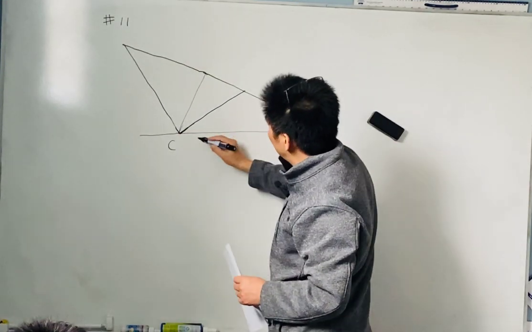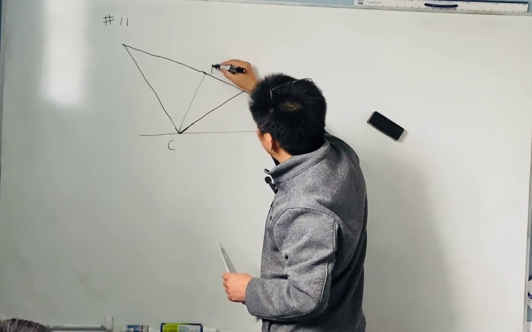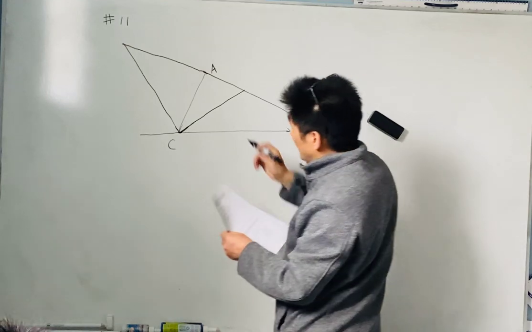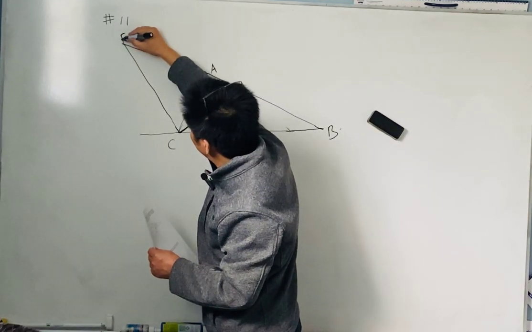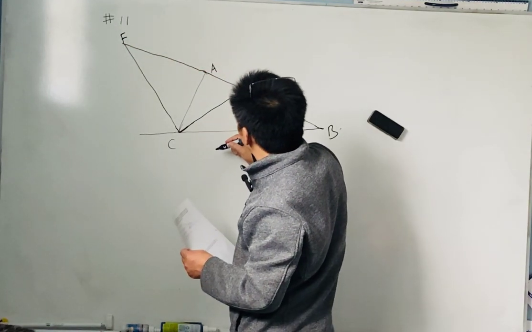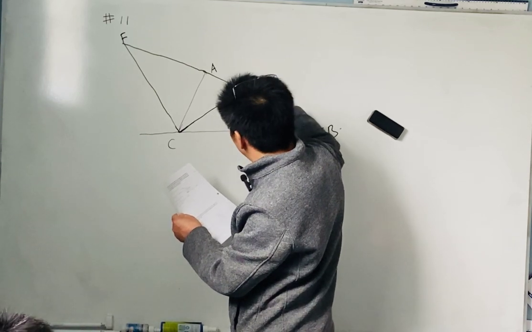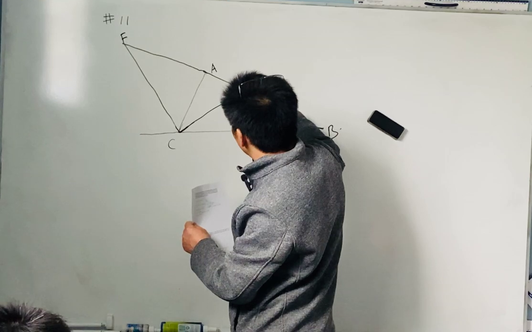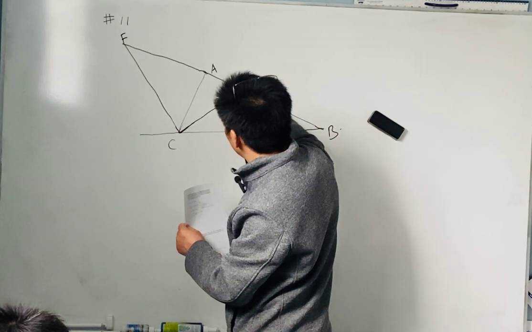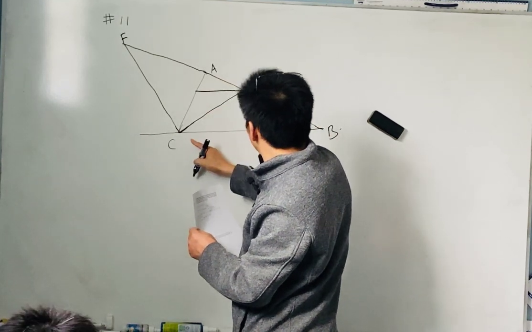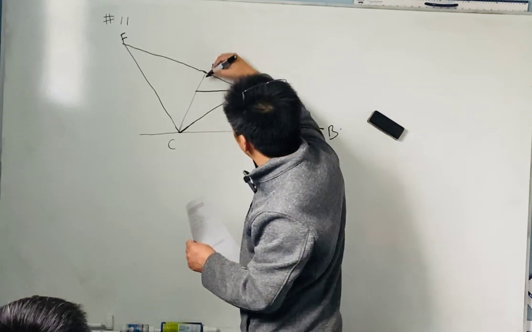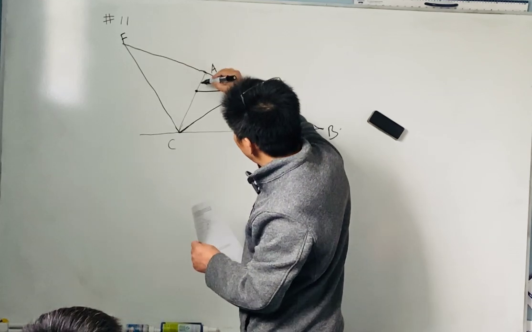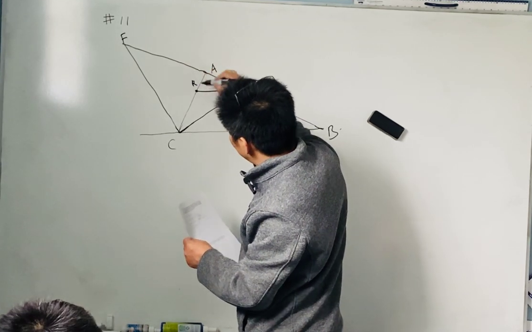Okay, so it's still A, it's B, so this point is F, and this point is D. We draw a line that is parallel to BC, and it intersects AC at point R. That's R, right?